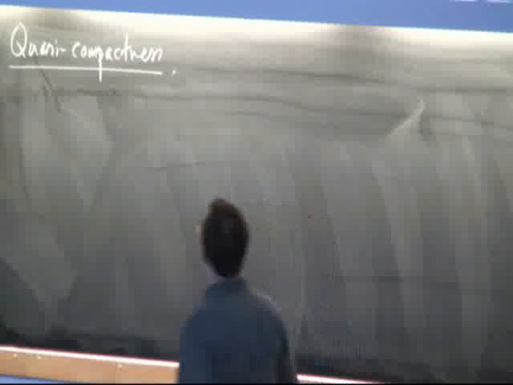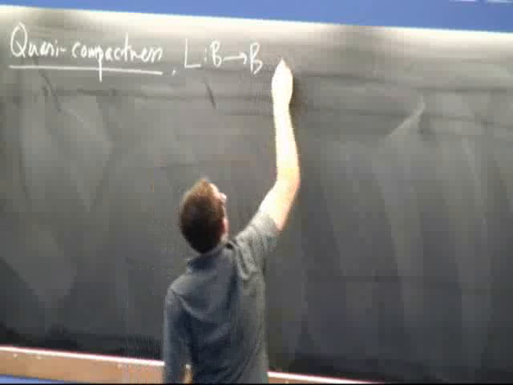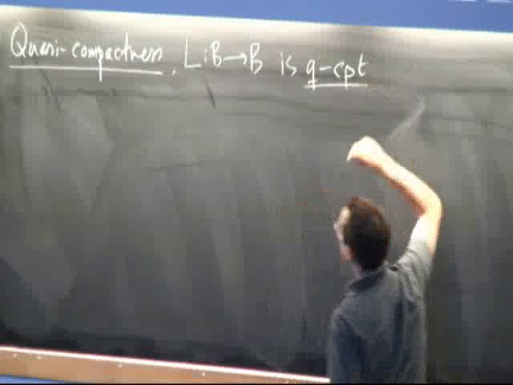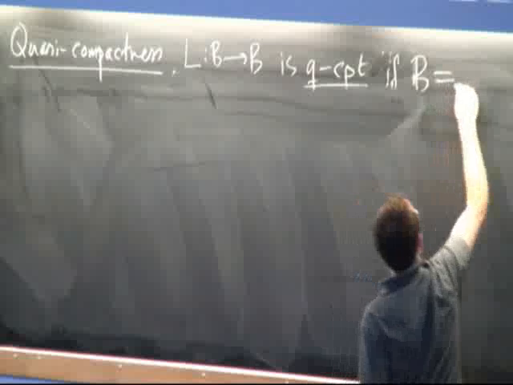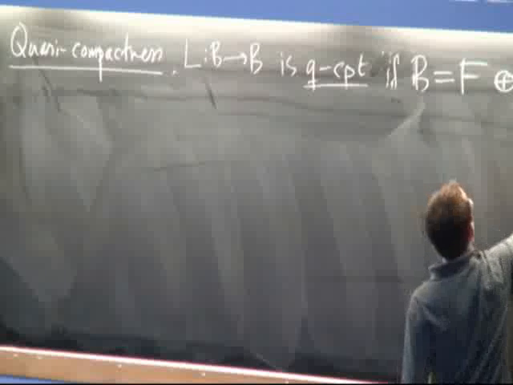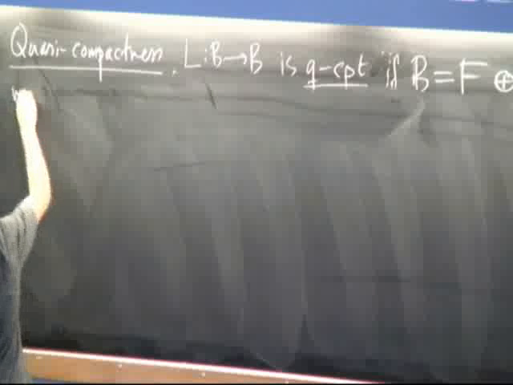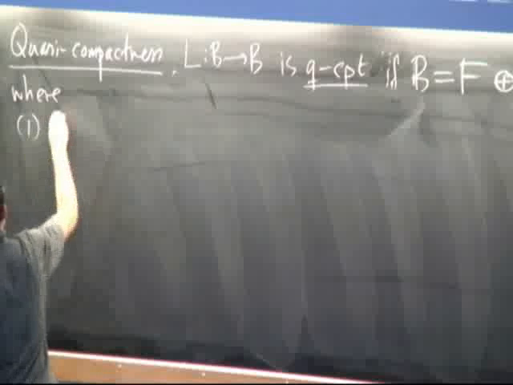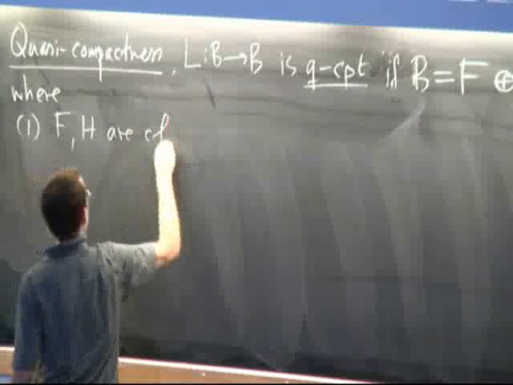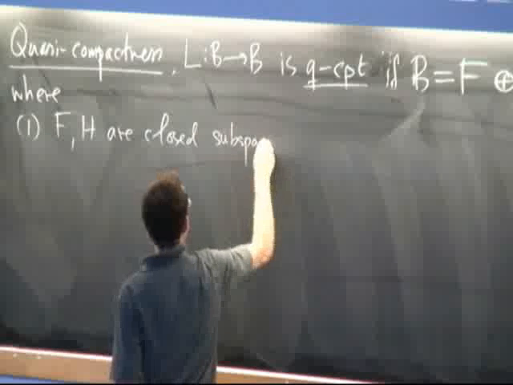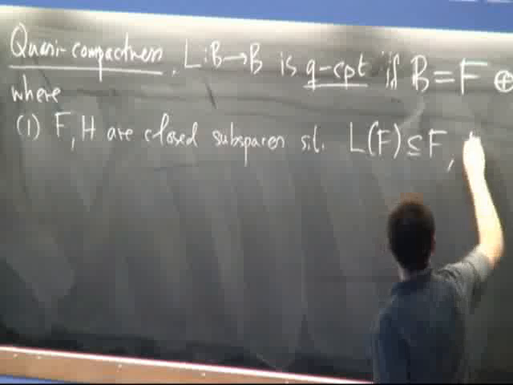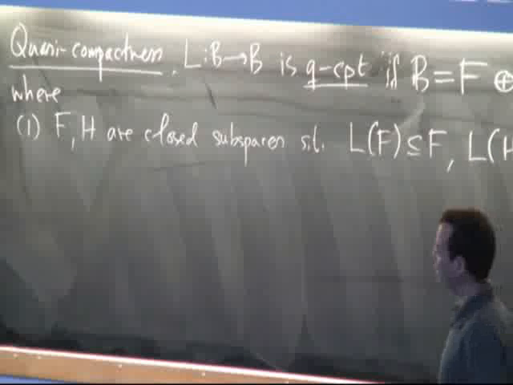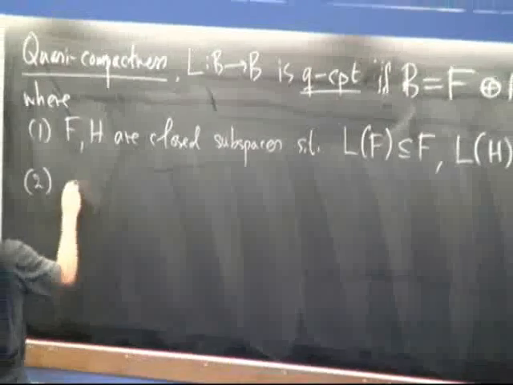L is quasi-compact if you can decompose the space into two pieces, where F and H are closed subspaces and invariant, such that L(F) is inside F and L(H) is inside H. F is finite dimensional.